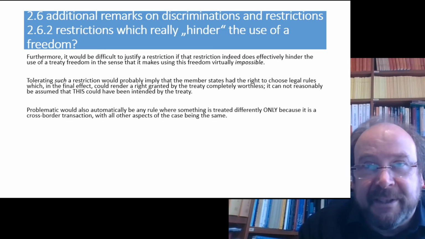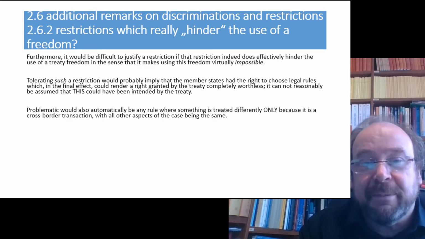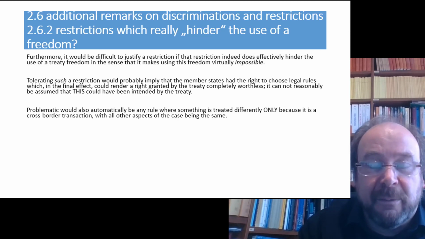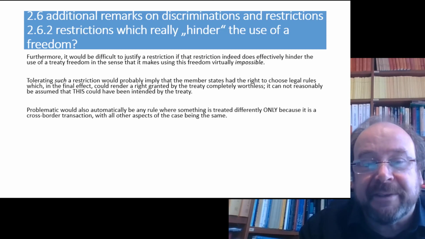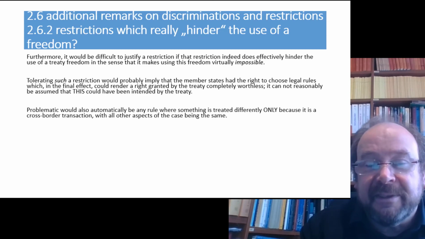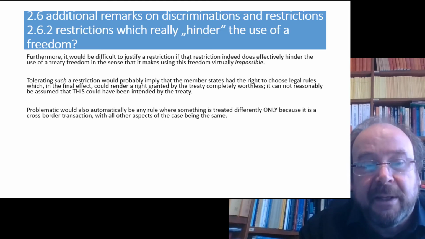Such a restriction cannot be regarded usually as implicitly tolerated by the treaty. So if the impact on one of the freedoms is so hard that virtually nothing remains in practice, then you cannot reasonably assume that the treaties were fine with that.